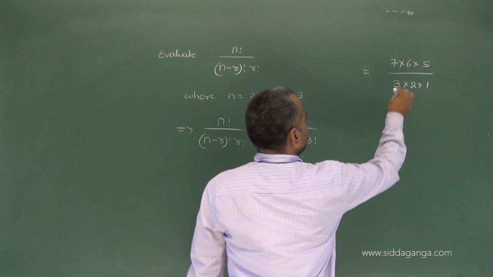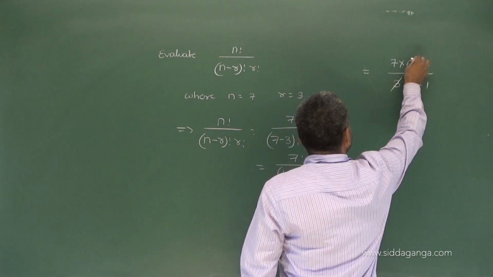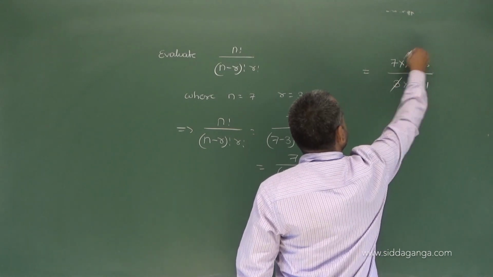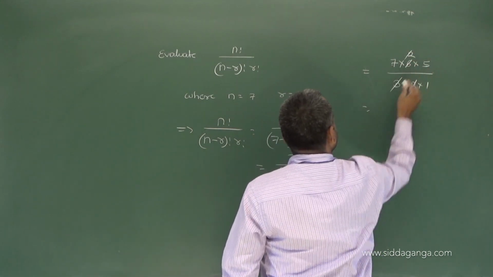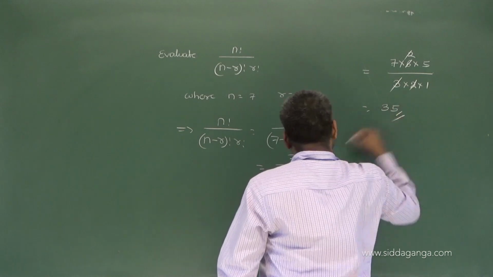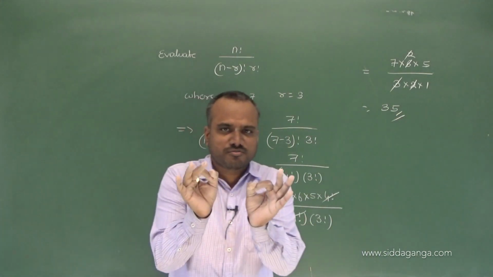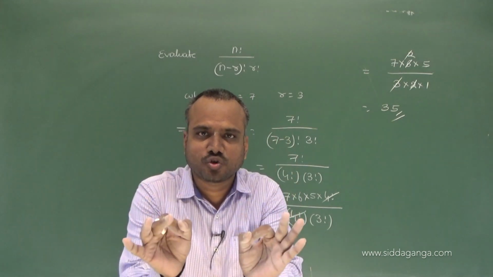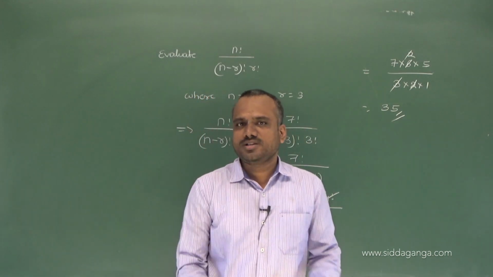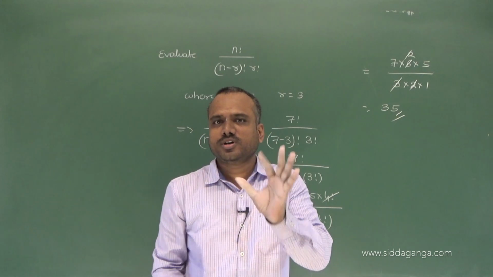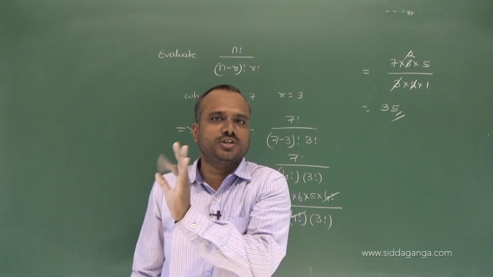Okay. So 3 twos are 6, the answer is 35. See this problem.